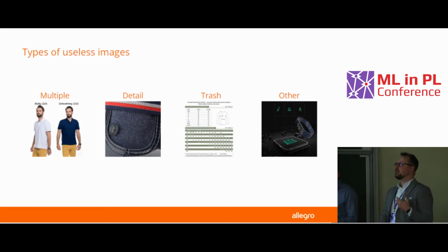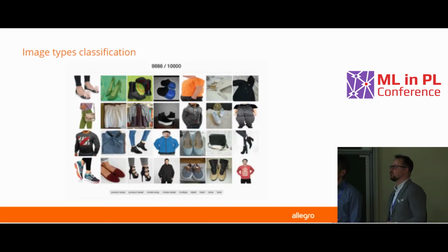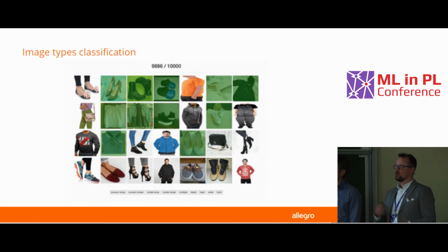Okay, we have 8 types of images, but how can we use it to our advantage? We could basically train another model that would classify those types, and then use it to clean our entire data set. But then again, to train a model, we need some annotated data, and there is no way around it. Or is it?